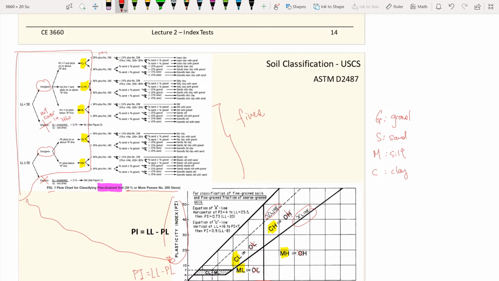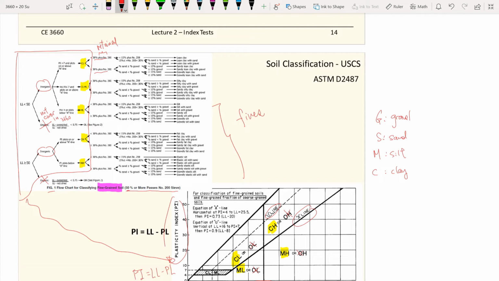The plus number asks whether you have soils retained on number 200. If you have less than 30% retained on number 200, it belongs to this branch. If you have more than 30% retained on number 200, you go to the lower branch.